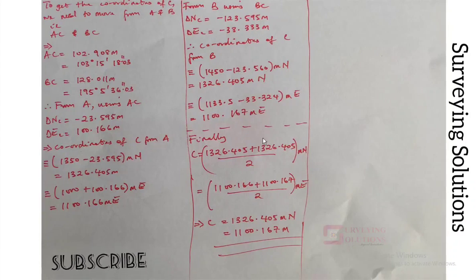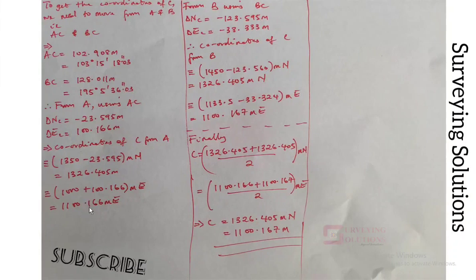And to get the final coordinates of C, what we simply need to do is to find the average. So the first northern coordinate is 1326.405 plus the second one, still 1326.405, divided by 2 should give you 1326.405. Ensure you confirm on your calculator, please.